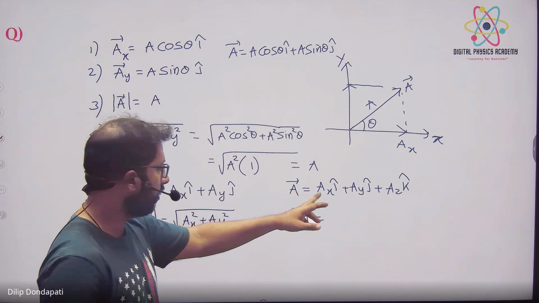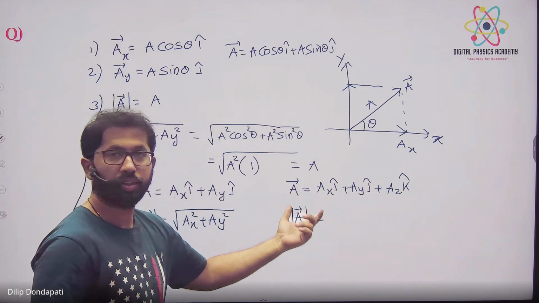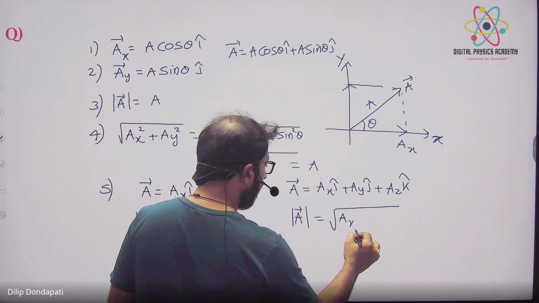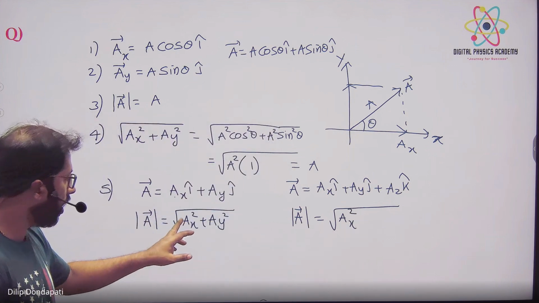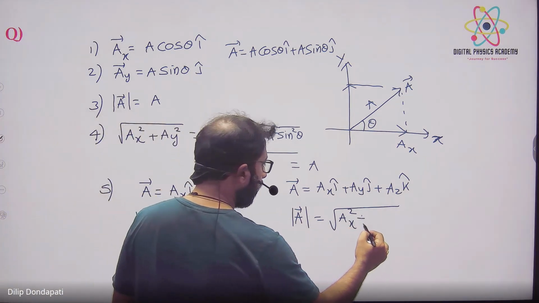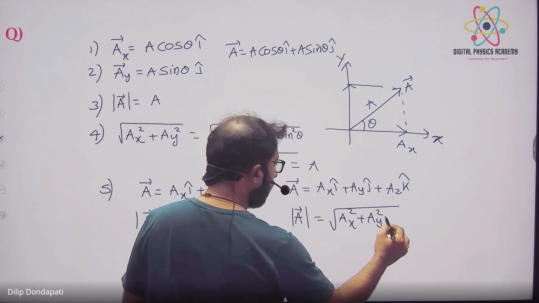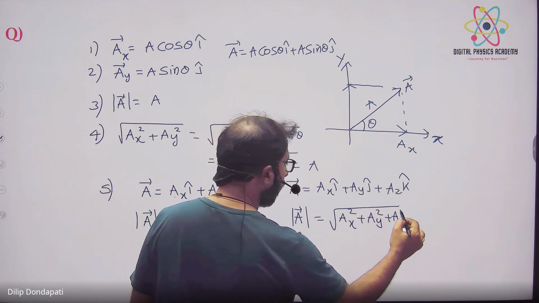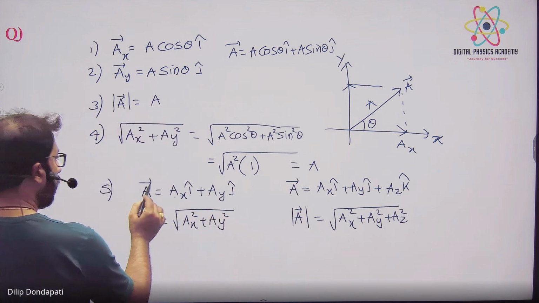Sir, A. No, इसका ये कार्टेशियन फॉर्म का मैग्नीट्यूड है. देखो इसका root of Ax i cap plus Ay j cap स्क्वायर करने का. स्क्वायर किया तो आपको दोनों मैग्नीट्यूड will be same. ओके, tell me Ax square plus Ay square plus Az square. This is the thing you have to understand.